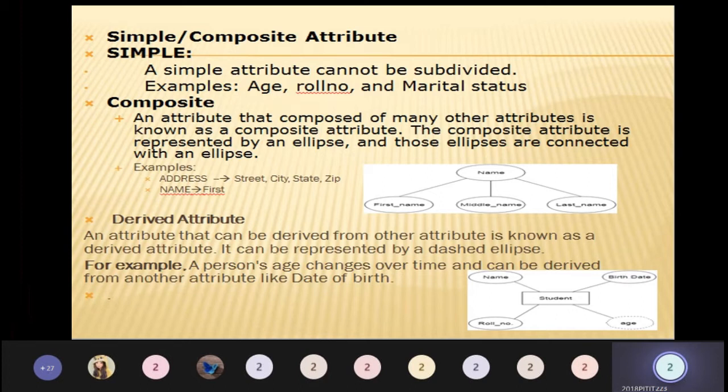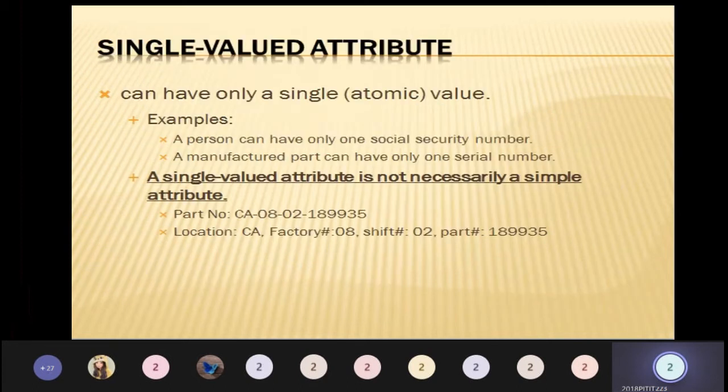Next, let's see the single value attribute. A single value attribute is one that holds a single value for a single entity, for example room number or customer ID.